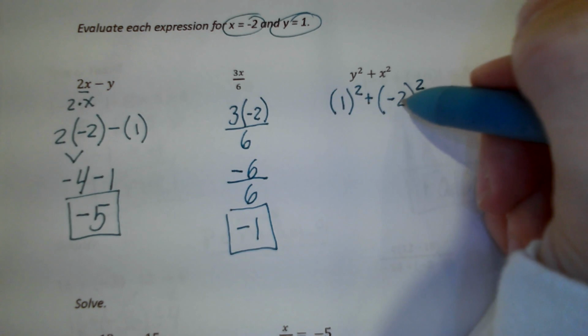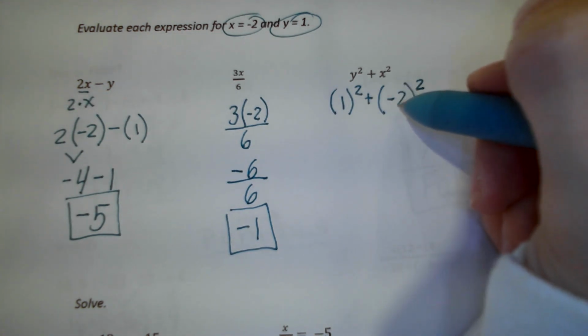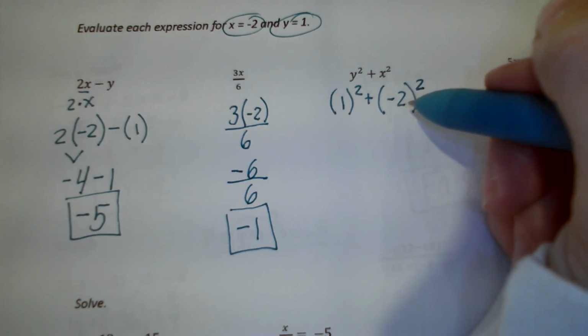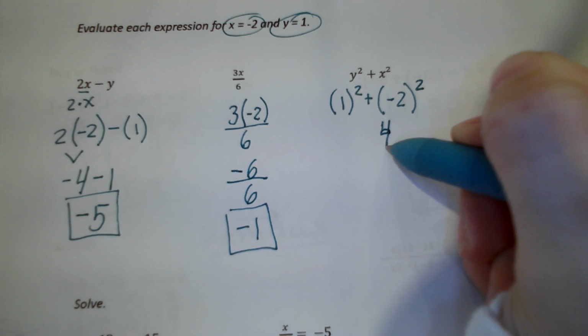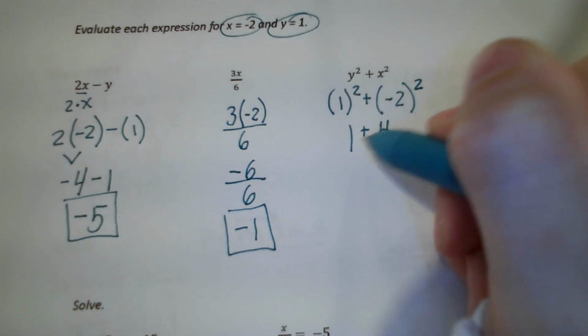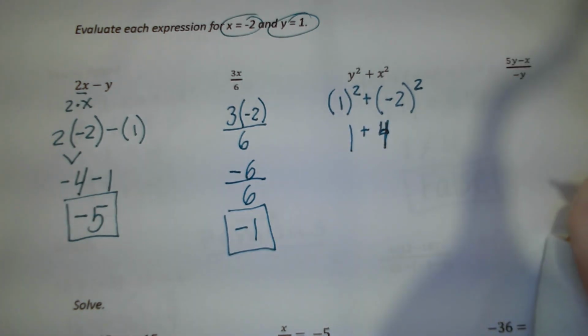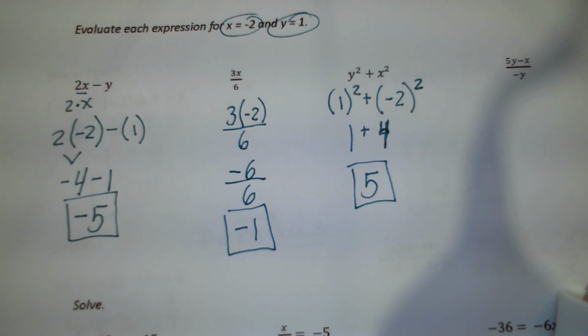That's important because if I have parentheses around the negative 2, I'm multiplying negative 2 times negative 2, which is positive 4. And 1 times 1 is 1. So 1 plus 4 is 5. Positive 5 is our answer.